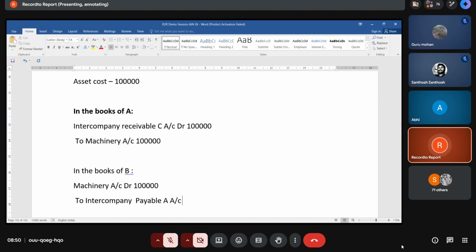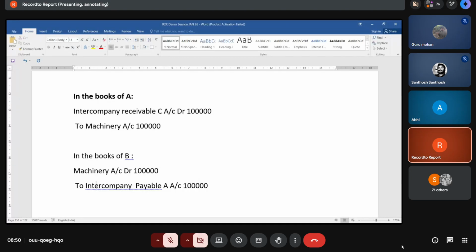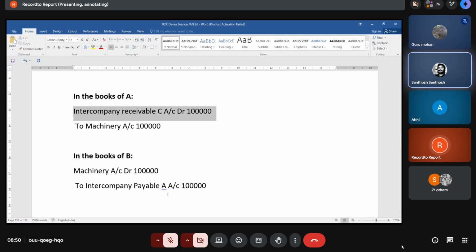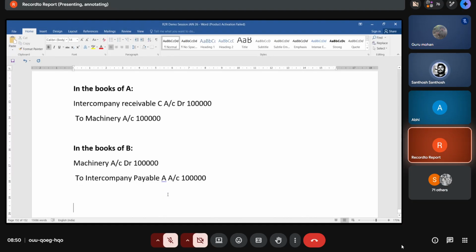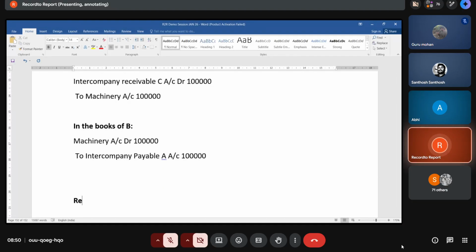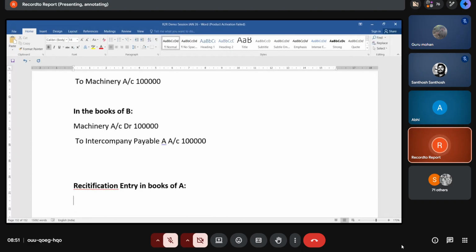So in the books of B, it is recorded correctly, payable to A. But in the books of A, the asset transfer is recorded to whom? C. Is it correct? No. What is the rectification entry to be done in the books of A?